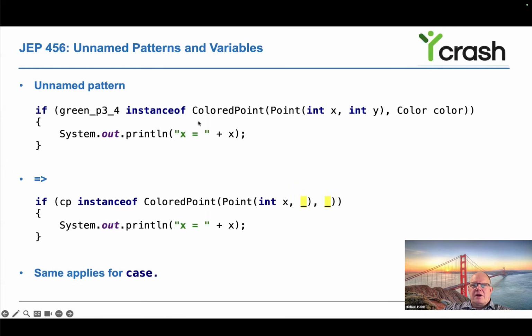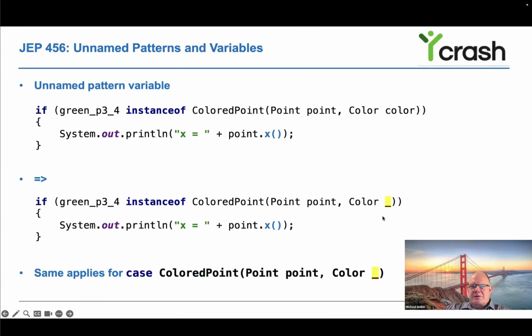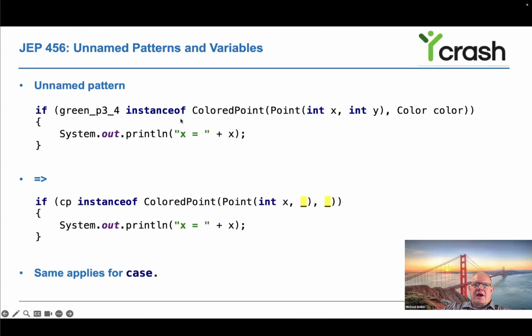And even better, if I have something like the color marked as unused, then why do I have to specify a type for a variable which is unused? So this can get even better and shorter. I do not have to provide all that stuff.